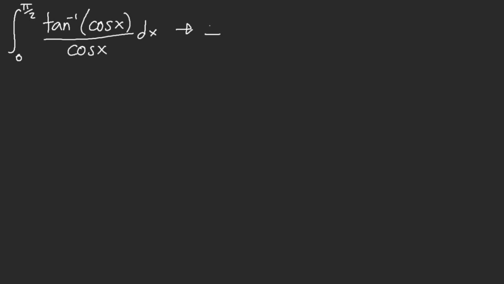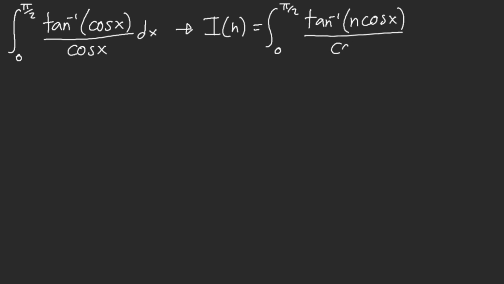So let's construct an integral function, right? And call it I of n, from 0 to pi over 2. And we're going to place n inside here so that we can cancel out this cosine of x at the bottom. Okay, let's get rid of this bottom here.